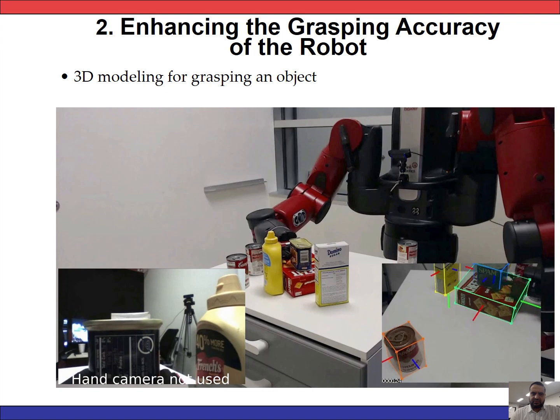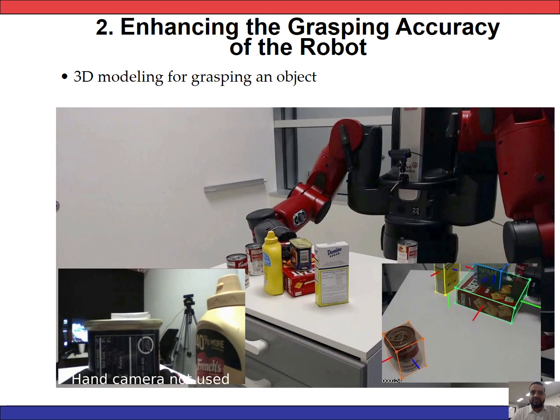The second part of this lecture will be based on enhancing the grasping accuracy of the robot. Suppose this is one example. The robot takes a picture of an object.